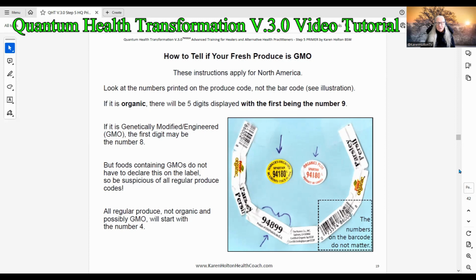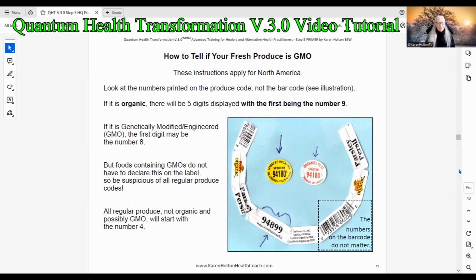And then I've got some images of some organic foods here, apples and pears, parsley, and some other things, so that you can get an idea of what I'm talking about. Again, if you're listening on an audio podcast, I highly recommend you come over and watch the video tutorial. It's really important. So if it's organic, there will be 5 digits displayed, with the first being the number 9.